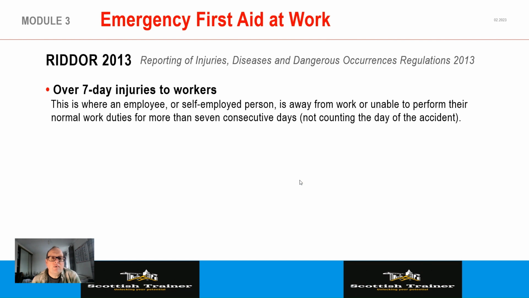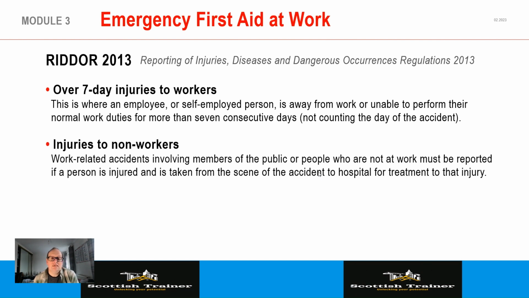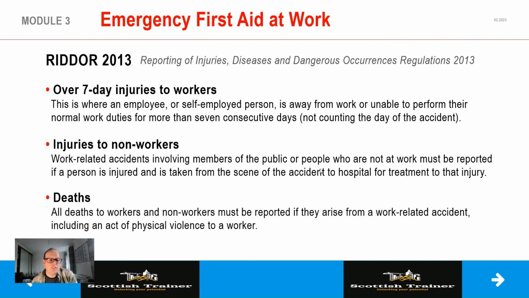This is where you have injuries that cause workers to be off over 7 days, or injuries to non-workers on site, so any visitors or subcontractors can all be RIDDOR reportable. Also, deaths fall into this category, and major injuries, major fractures and dislocations, and loss of limbs and things like that. Anything that arises that is quite serious from our workplace incident.